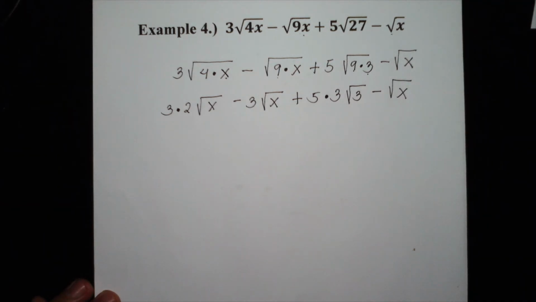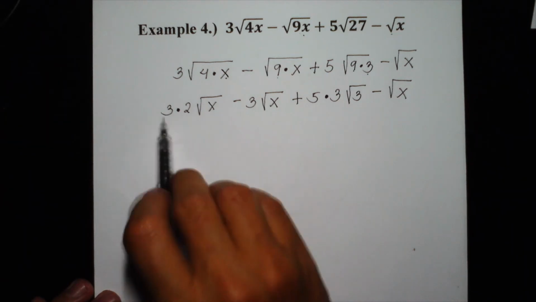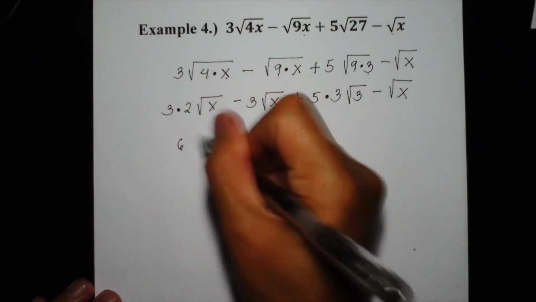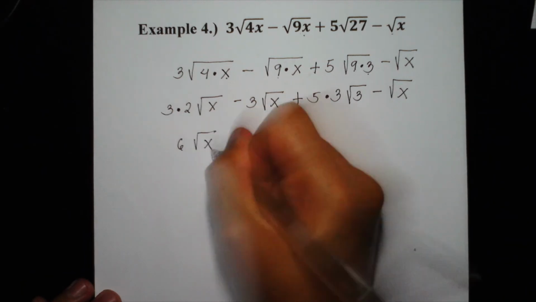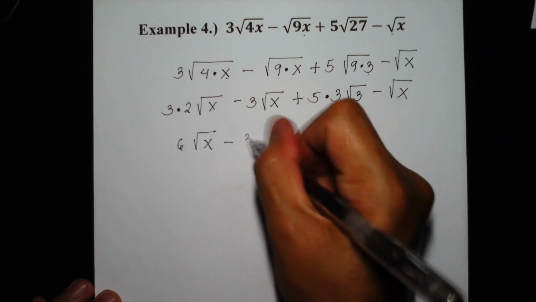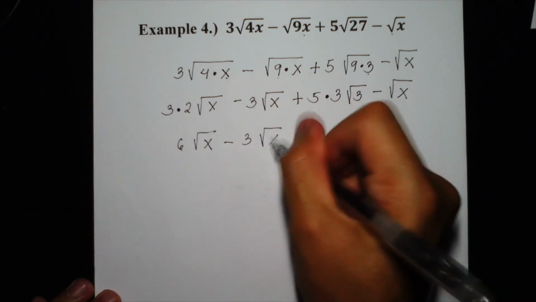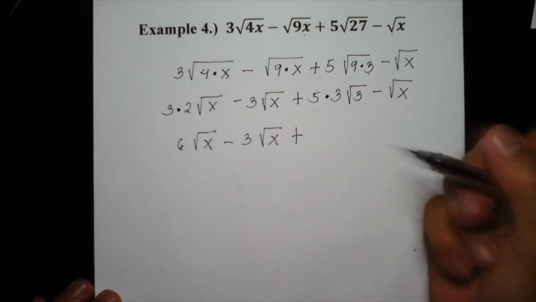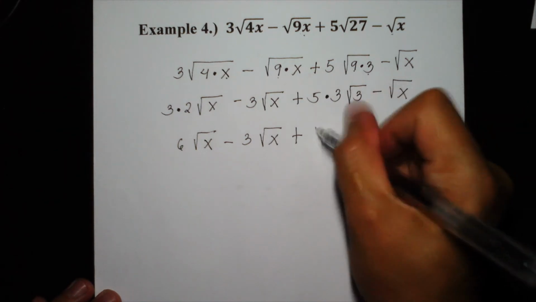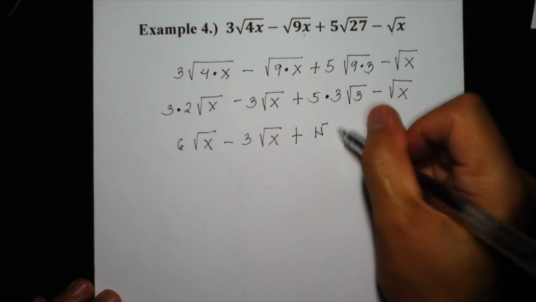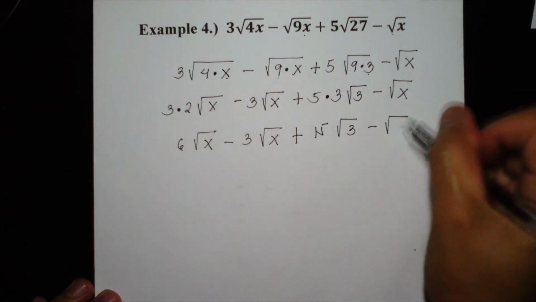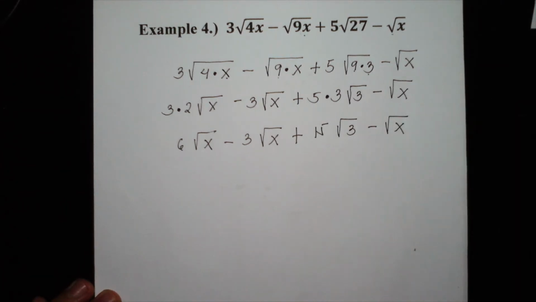Next, let's get the product. So we have 3 times 2, that will be 6 square root of x minus 3 square root of x plus 3 times 5, that will be 15 square root of 3 minus square root of x. Okay, combine like terms.